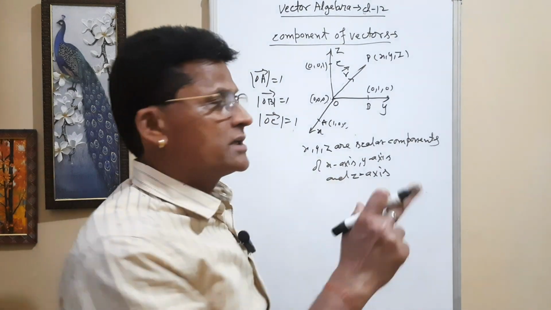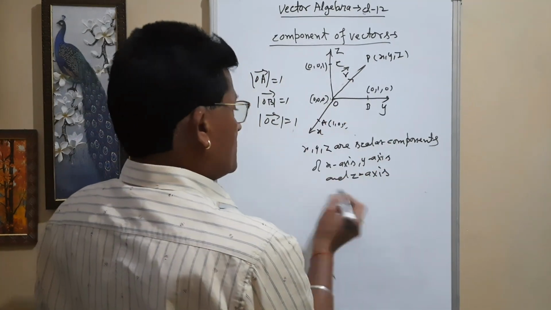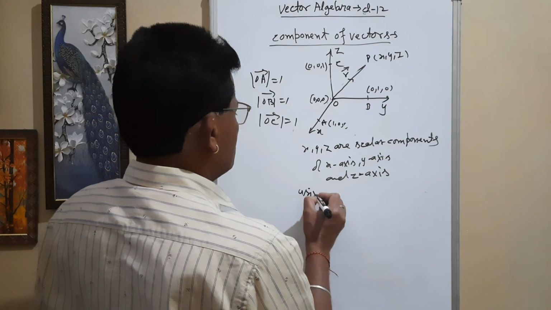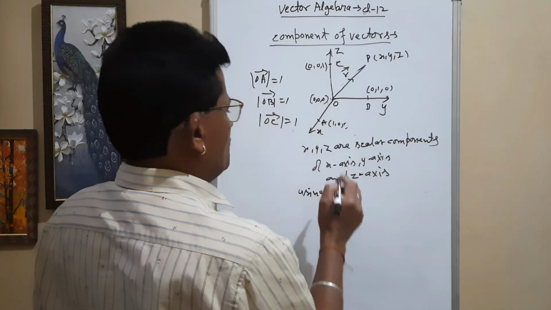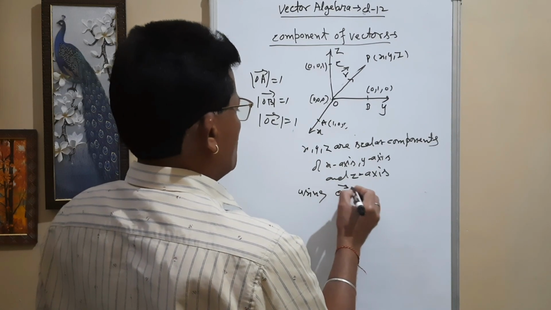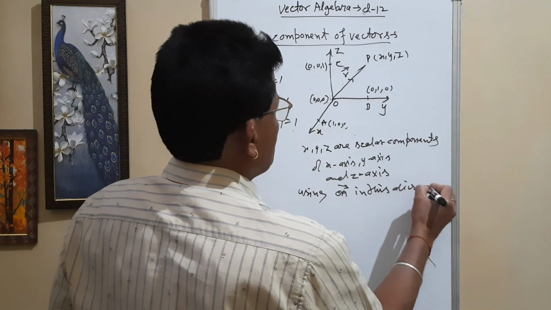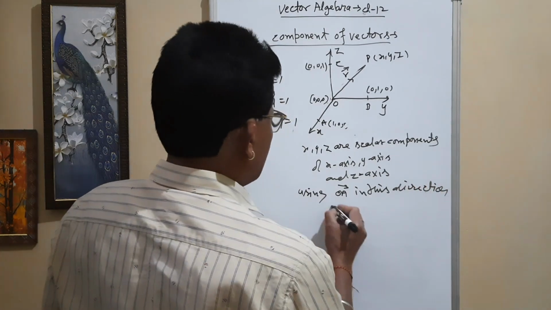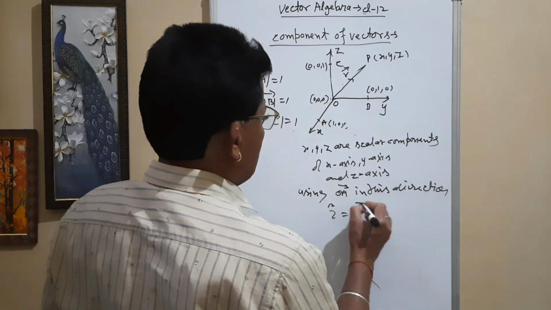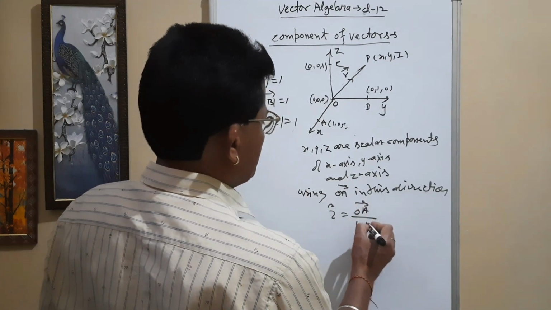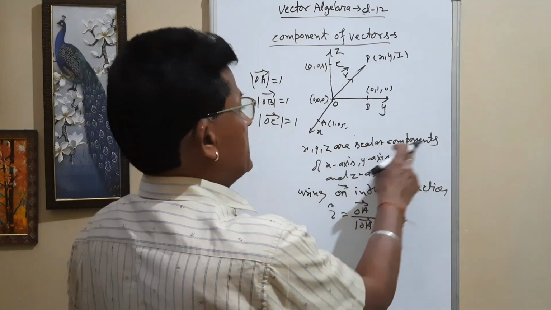Let me find out the vector component, which is very, very important. That is a scalar quantity. Once again, first of all, let me find out the vector component in the direction of OA. Similarly, I will take the unit vector formula. You will write i cap will be equal to vector OA divided by its magnitude. Now I have taken the scalar quantity, the scalar component.